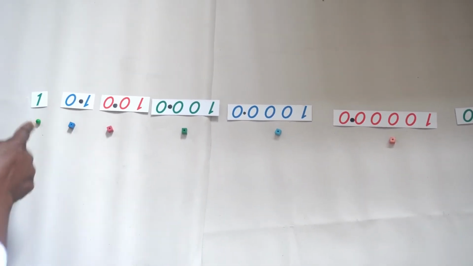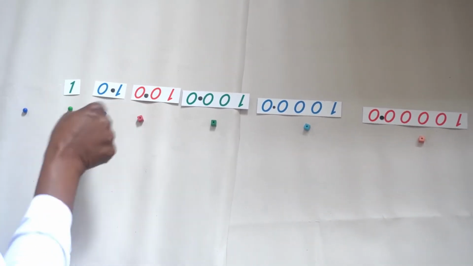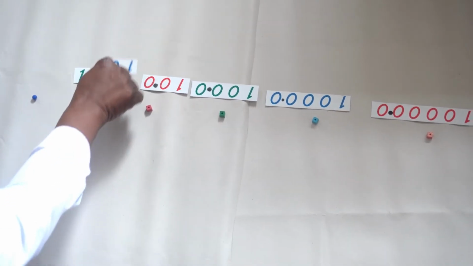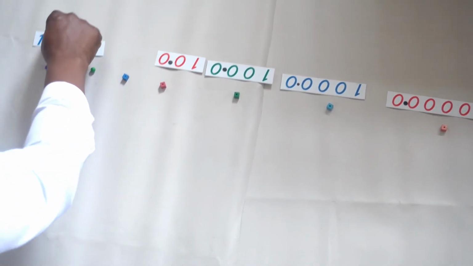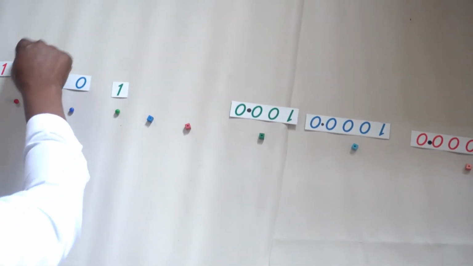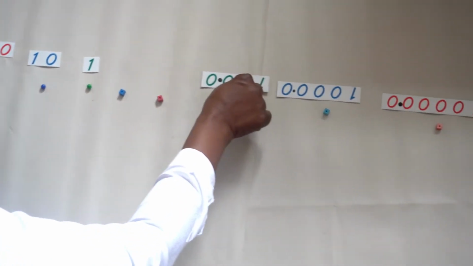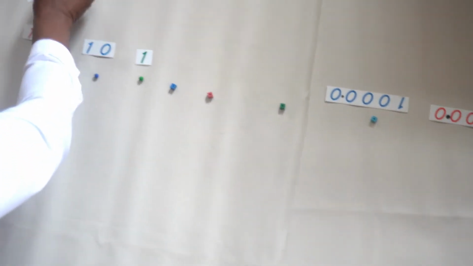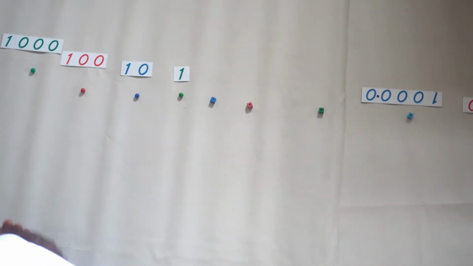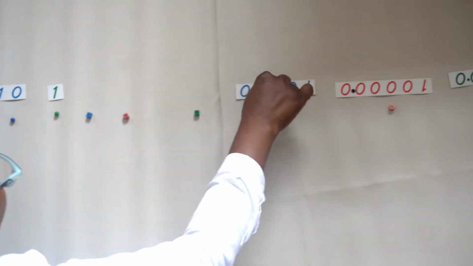So let's return these other cards to their right position, flipping them over again. The other side. So I'll bring this here, flip it over. So this is 10. I'll bring this over here, flip it over. This is 100. I'll move the decimal point. I'll bring the thousand here. I'll flip it over. I'll move my decimal point. This is my 1000. I'll bring this here.